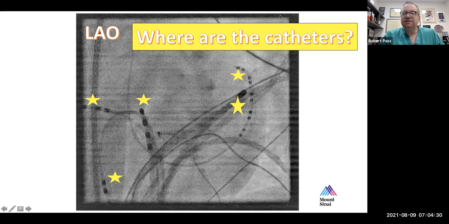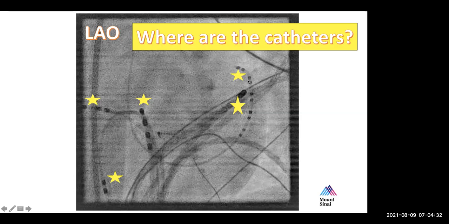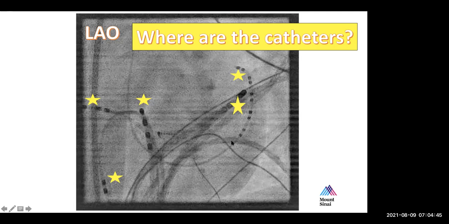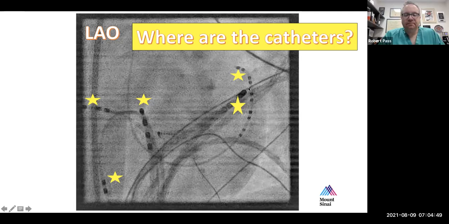I think it's coming through the SVC, and then ending in the left atrium. It is on the left side.